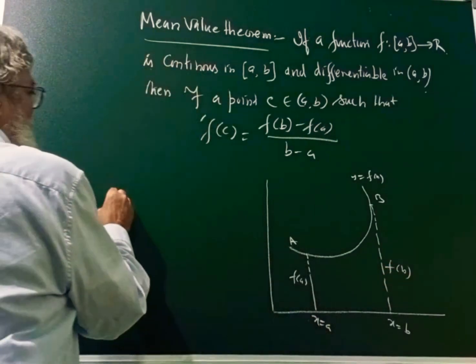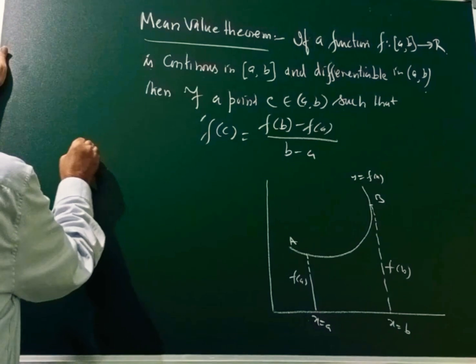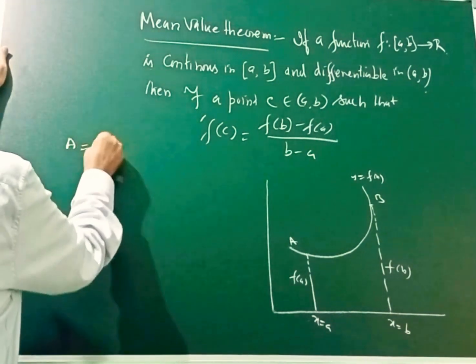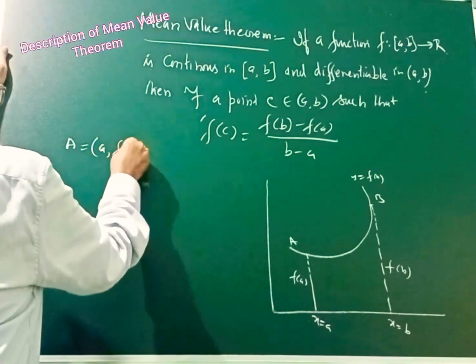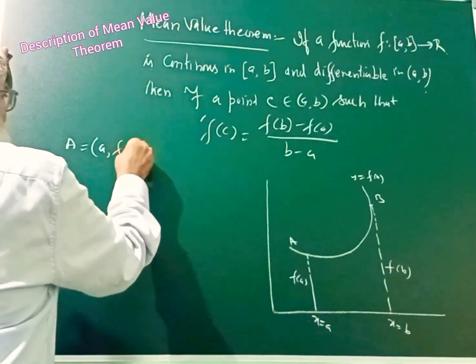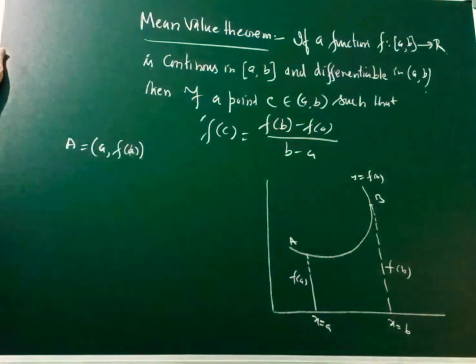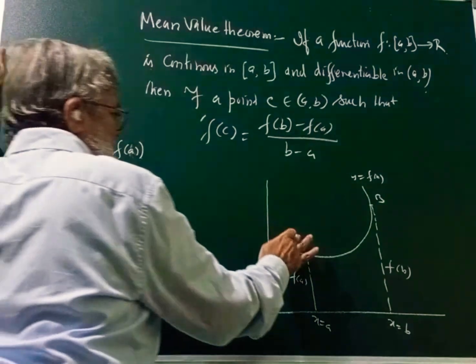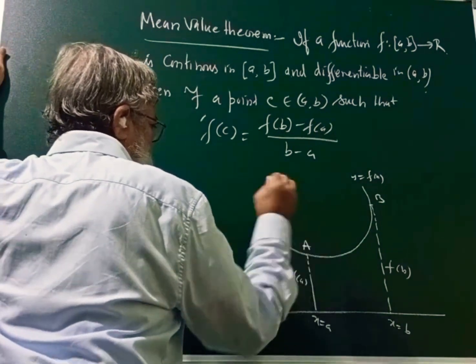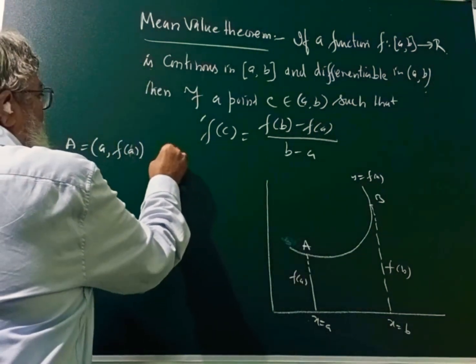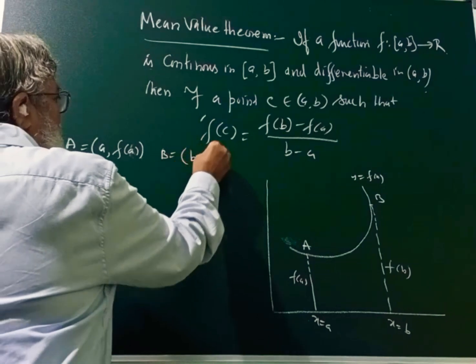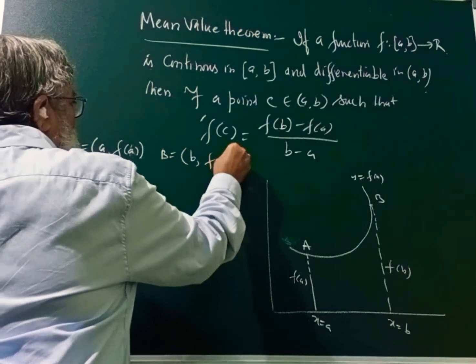Therefore, the point A has x coordinate a and y coordinate f(a). Coordinate of point A is here, and the coordinate of point B will be here, (b, f(b)).